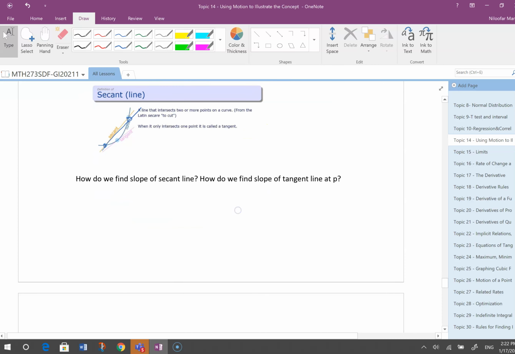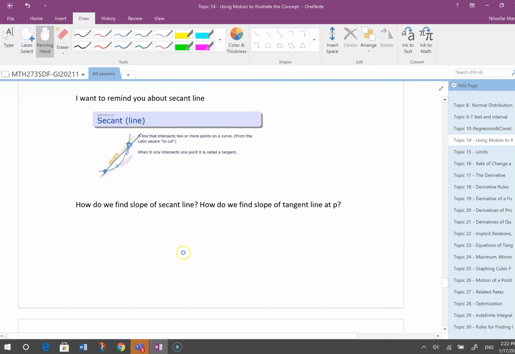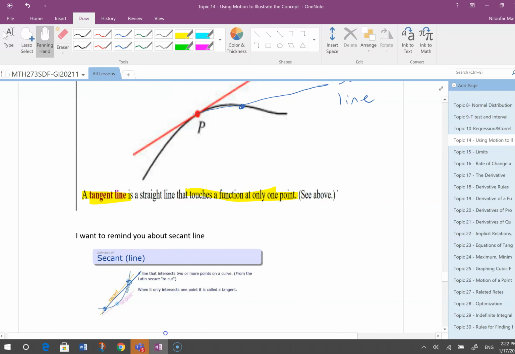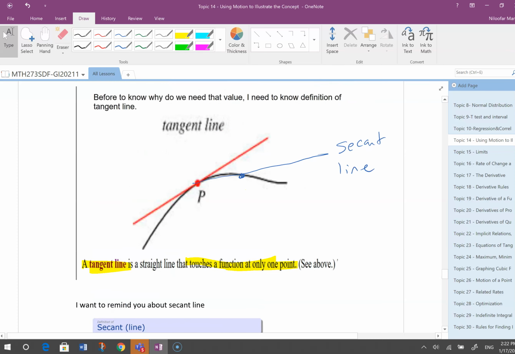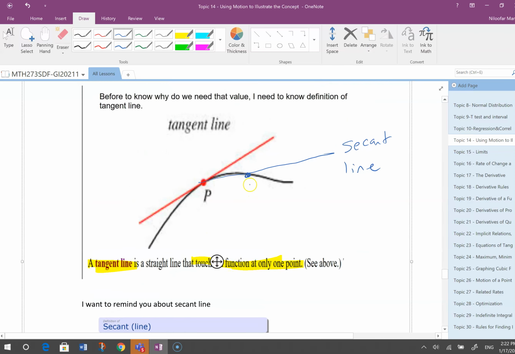How do we find the slope of secant line? Oh, the slope of secant line. Oh yes, I know how to find it. For example, if this is Q, then I can say this is y equals f(x).